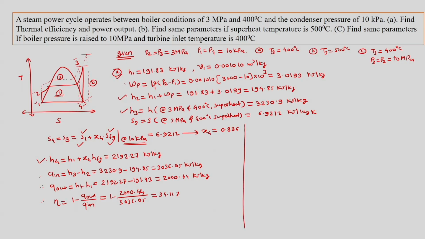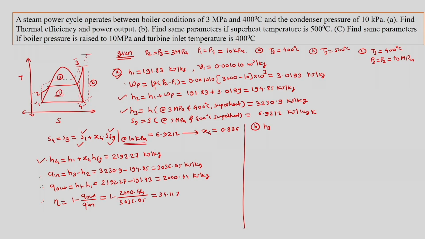So we will go ahead, and for part B we can write down the enthalpy H3. It should be remembered that for part B we are not changing the boiler conditions. So if we are not changing the boiler inlet conditions, then H1 is the same, 191.83, and H2 is the same, 194.85, but H3 is not the same.